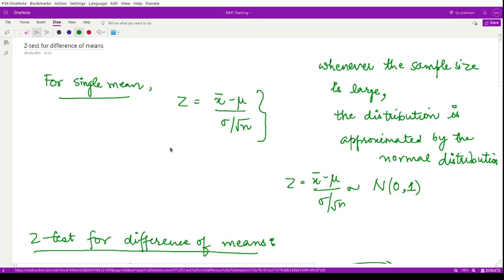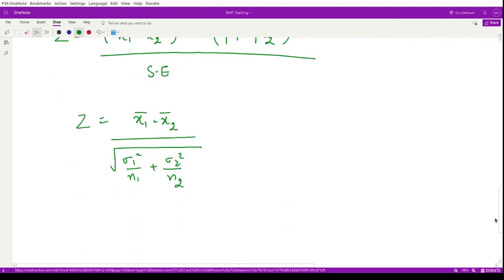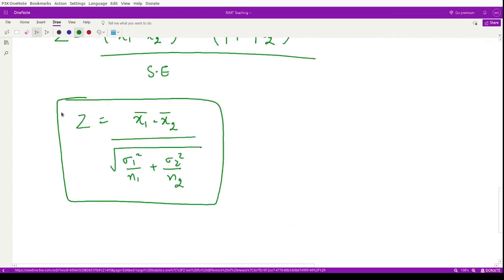You may also write it as Z equal to x bar minus mu divided by the square root of sigma square by n, taking sigma inside the square root. This is equivalent, they are both the same. Similarly, because now we have two means, it would be sigma1 square by n1 plus sigma2 square by n2. Accordingly, this would be our formula to calculate the Z statistic.